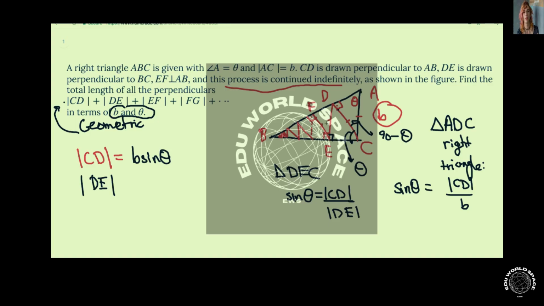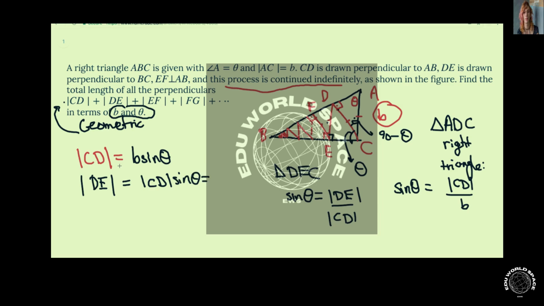So that's DE over the hypotenuse. And here I made one mistake there. I'm sorry about that. Let me take a step back. I have the order incorrect. This should be DE over CD, because again, opposite over hypotenuse. So solve this for DE, and we get that it's equal to CD sine theta.